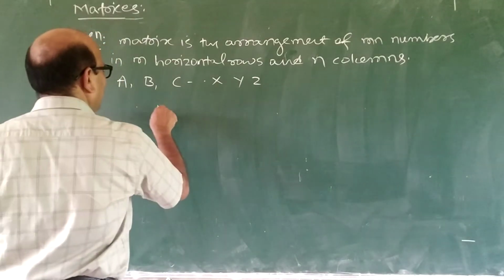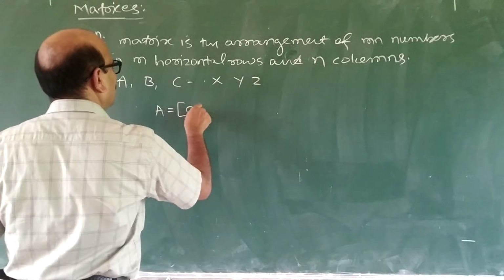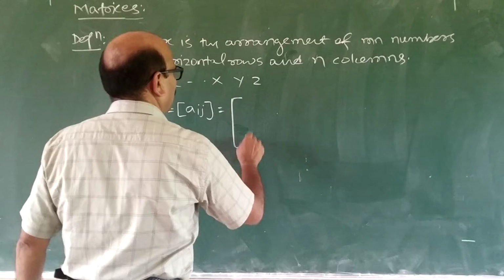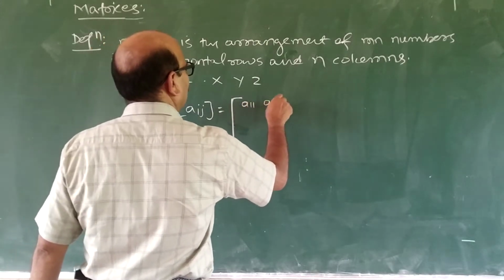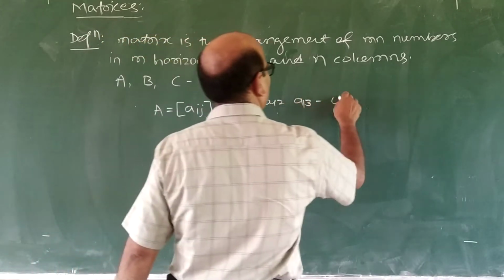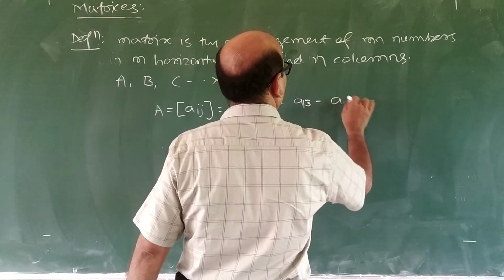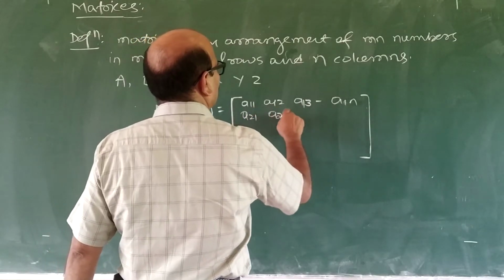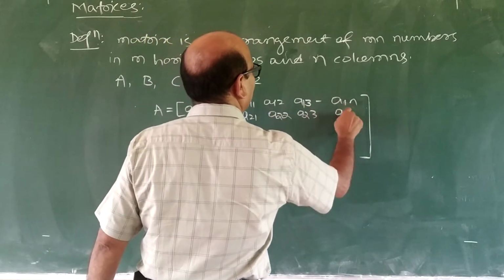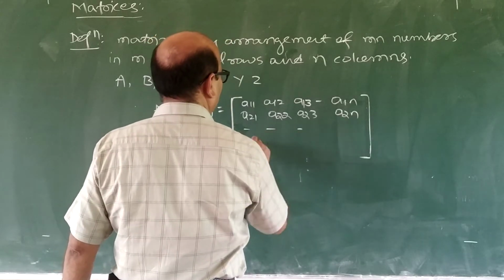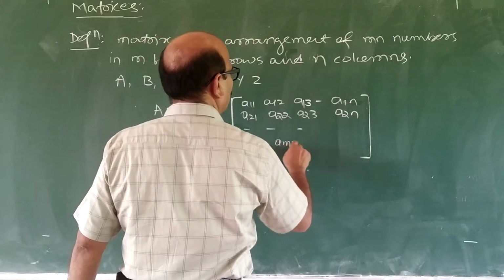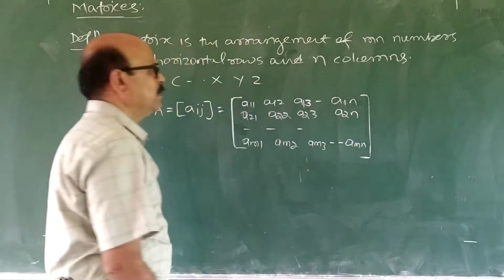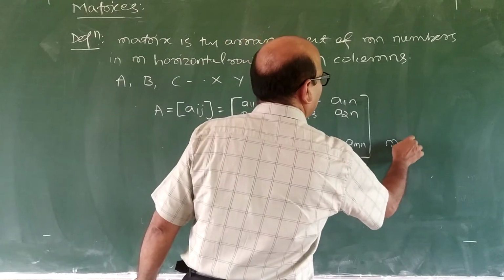And a typical m by n matrix is denoted by Aij: A11, A12, A13, and so on up to A1n, A21, A22, A23, up to A2n, and so on, Am1, Am2, Am3, etc., Amn, and it is said to be of order m by n.